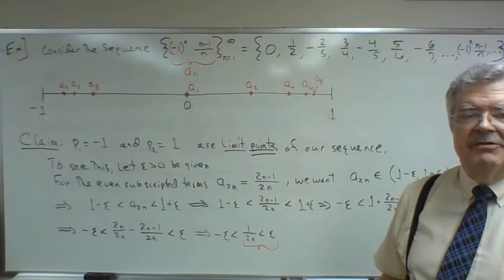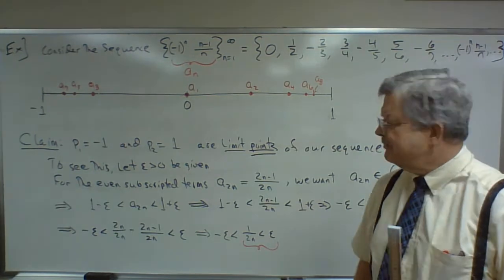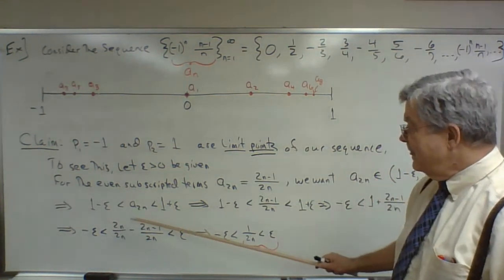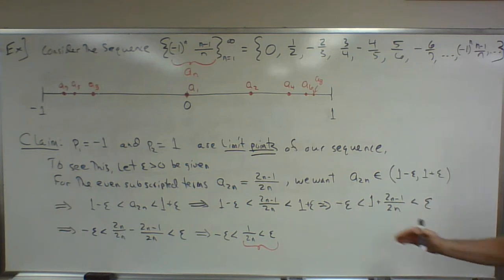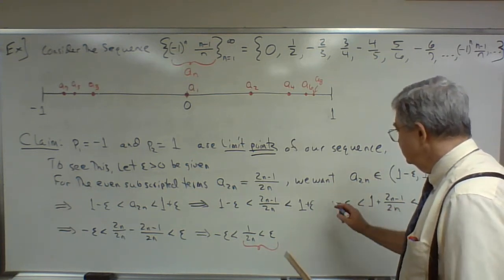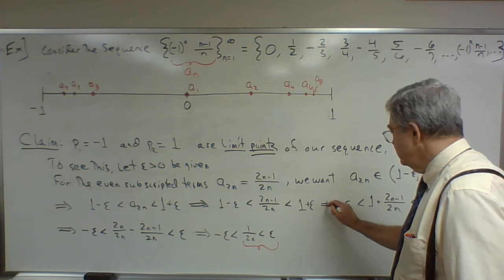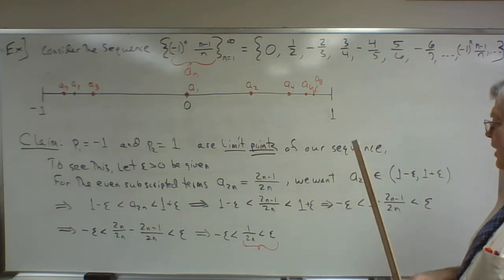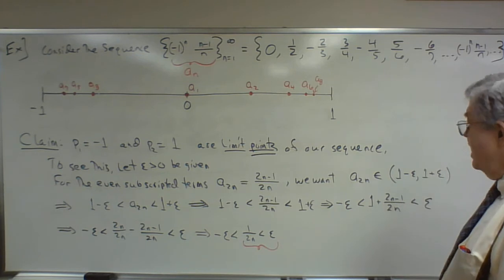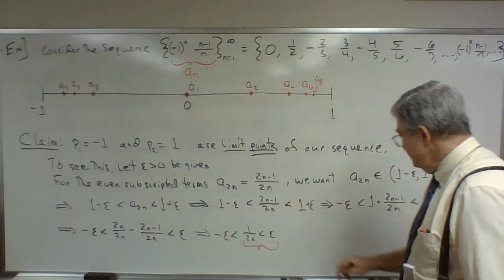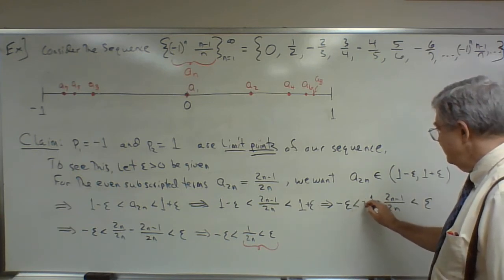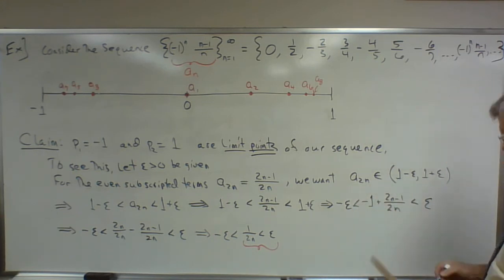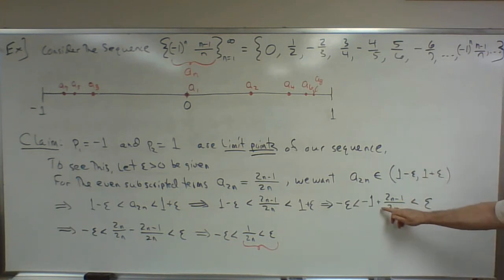Well, a minute ago when I said I found my brains, I lied. Going from this inequality to this inequality, what do I do? I'm going to subtract 1 from each side. Oh my goodness, have mercy on me. I subtract 1 from each side.